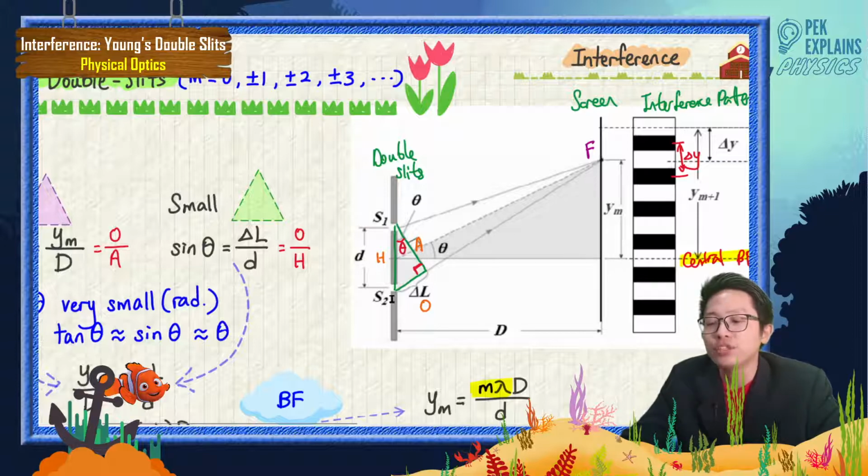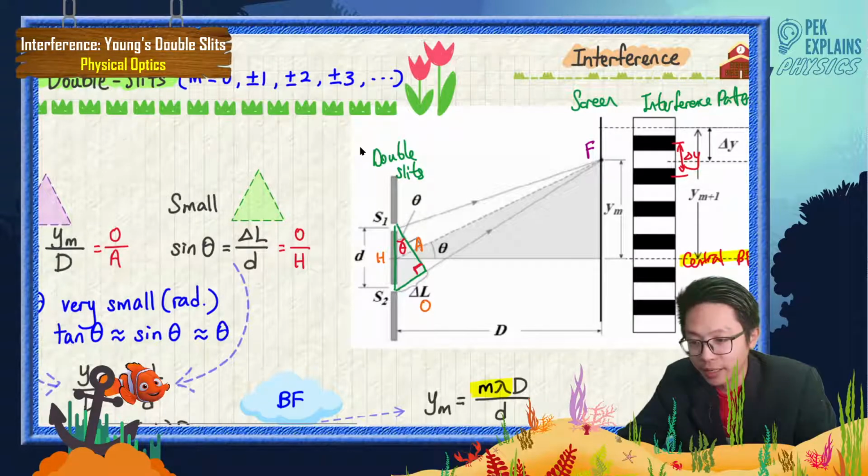And S2 to F, that's another path for the second wave. So what is the path difference between S1 and S2? Of course, it's this part, this delta L over here.